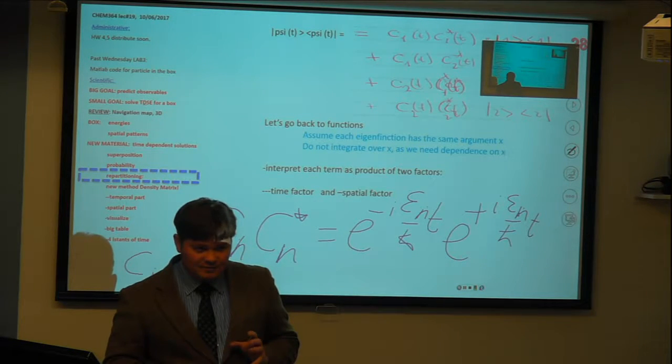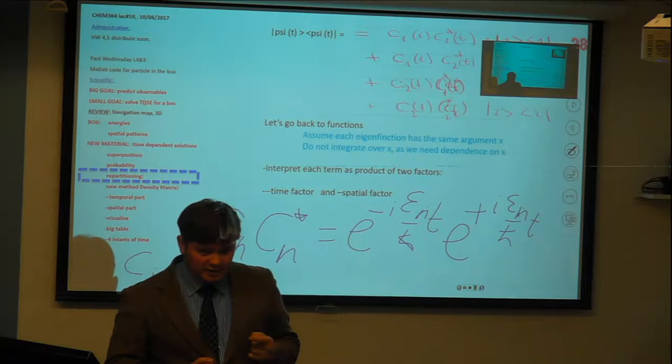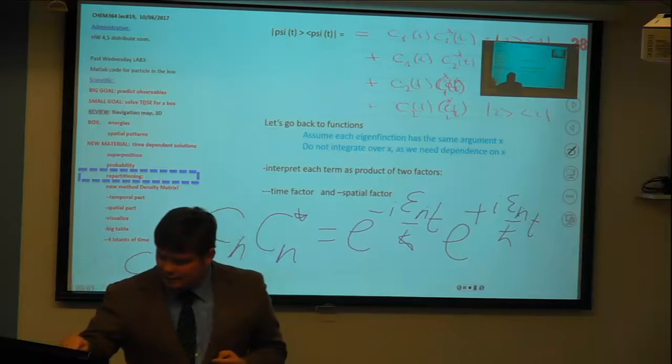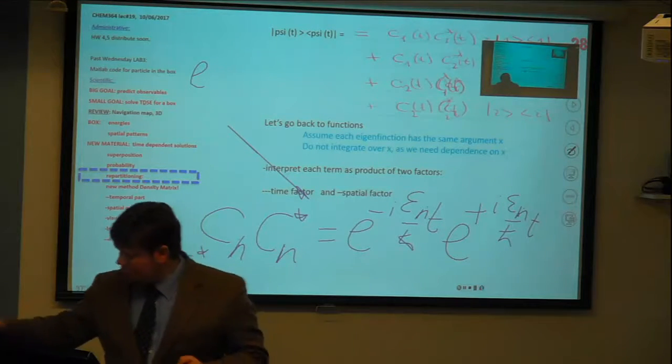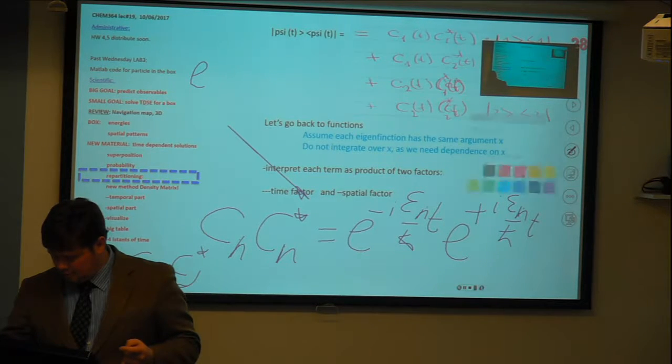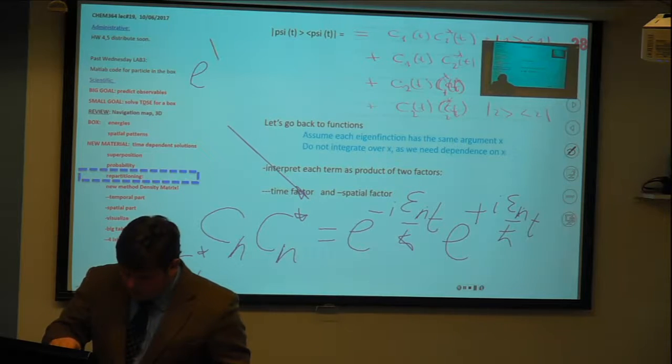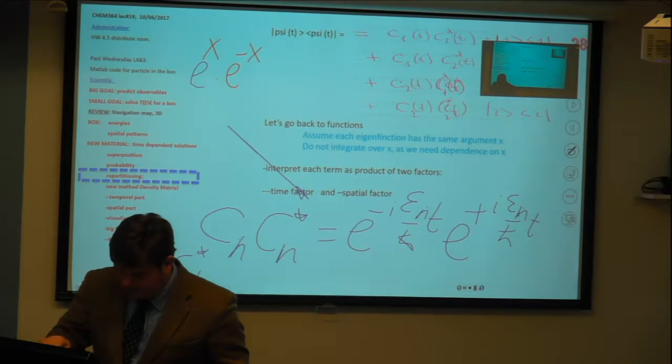And now you have exponentials with opposite signs in the power, which will be equal to what? Like e to the power x times e to the power minus x, which is e^x times 1 over e^x equals what?